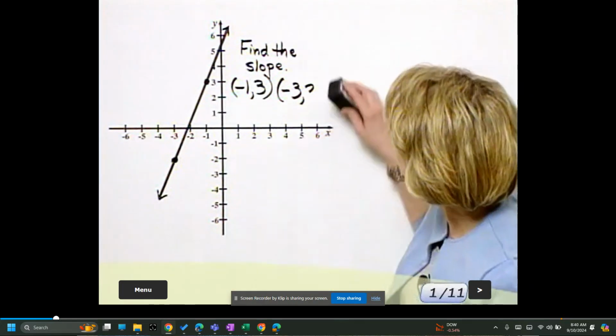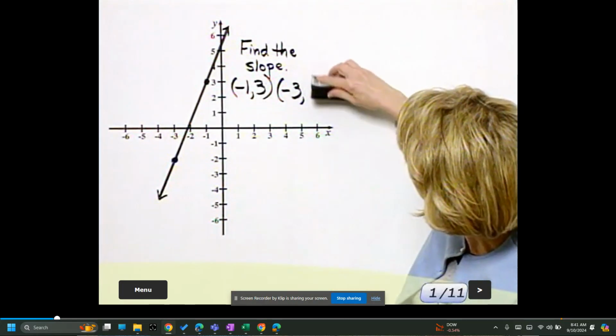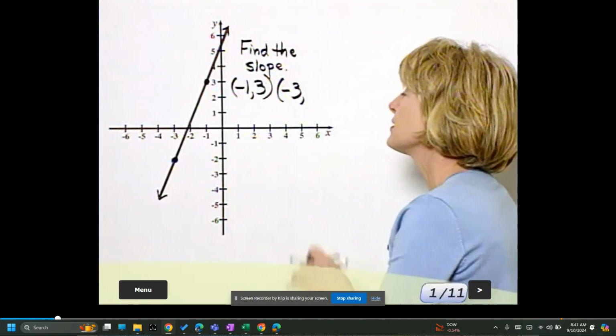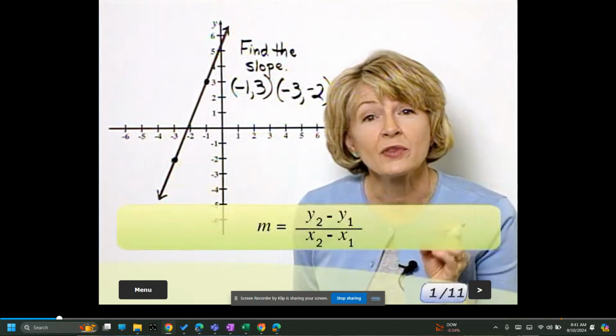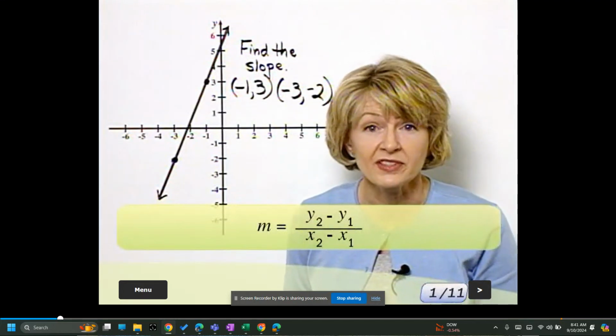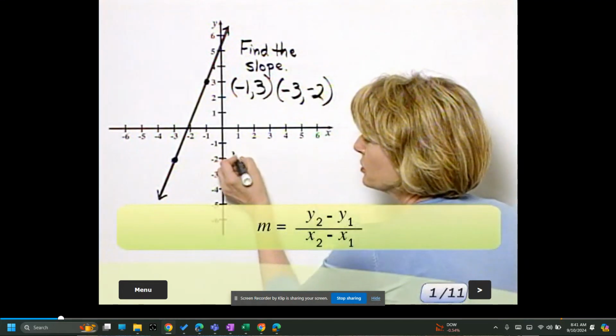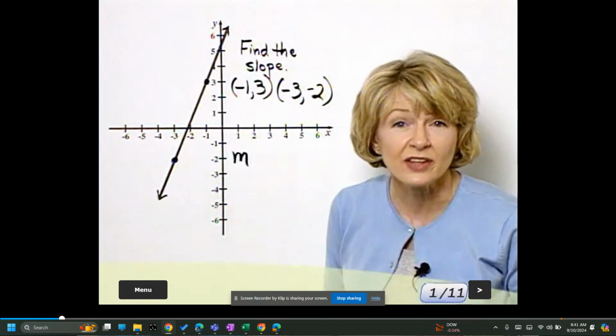And now we'll use the slope formula. Remember, it's difference of the y values over difference of the x values. And we use the letter m to denote slope.